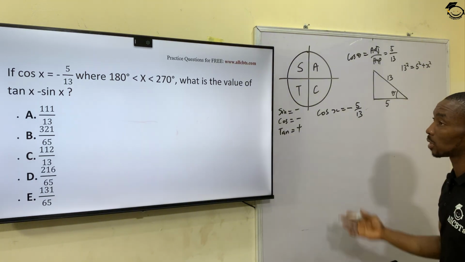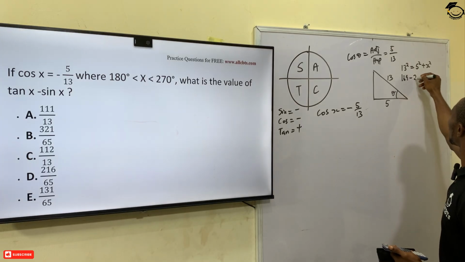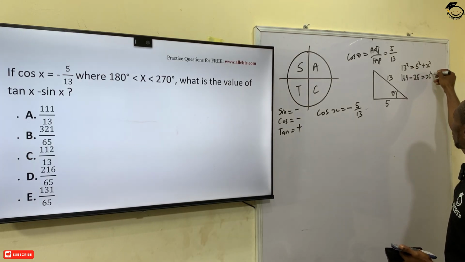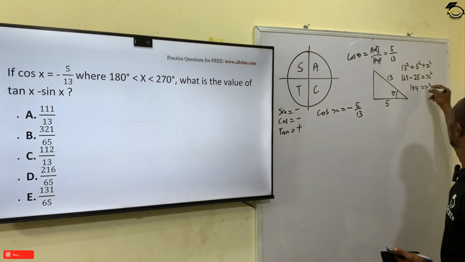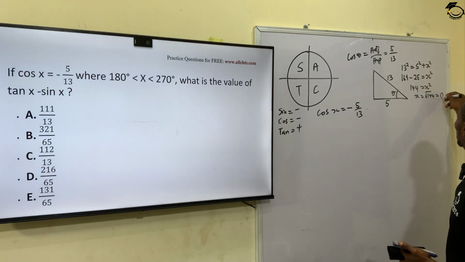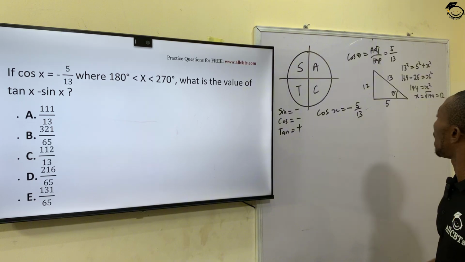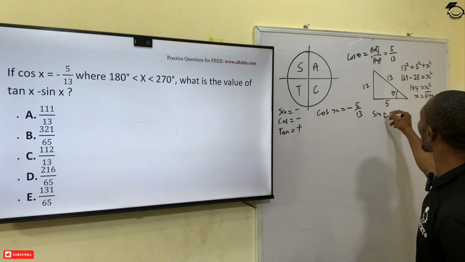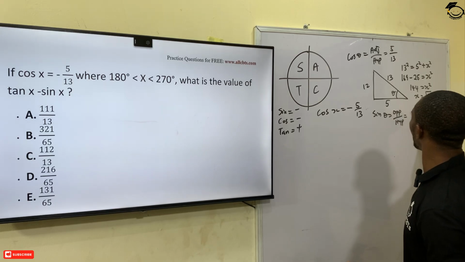So 169 minus 25 equals x squared, which gives us 144 equals x squared. So x equals root of 144, which is 12. So our opposite is 12, and sine theta is opposite over hypotenuse, which gives us 12 over 13.